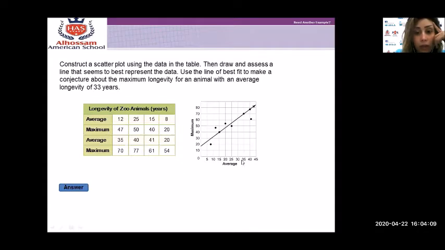Let's check 33 years and then go up to the vertical line, which refers to the maximum. So the answer will be around 67. From 33 years on the horizontal x, I look at the y value in front of the x value, which is 67 years. So with the best fit line, we can predict what's going to happen in the upcoming years or upcoming values.